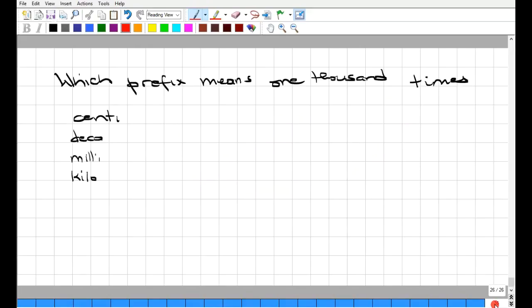The prefix, again, one from measurement. So centi, and we did some of this in language arts. Centi would be 100, deca, 10, milli, 1 thousandths, and kilo, 1,000.